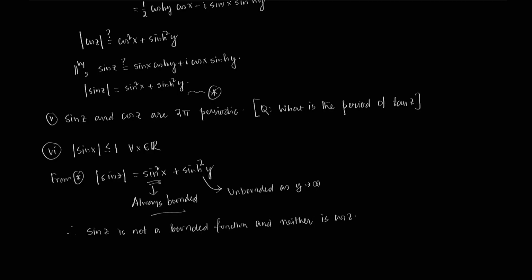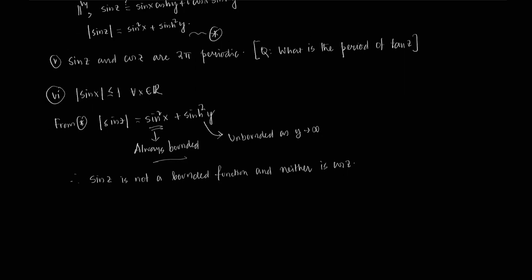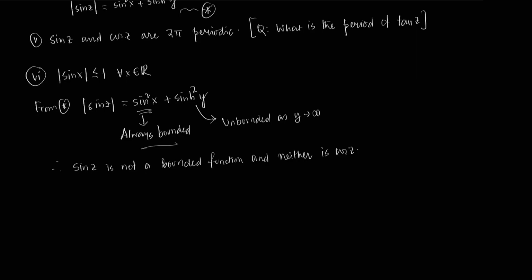This is not exactly what we have in R, where sine and cosine are always bounded. Here we have proved that sine and cosine are not bounded. Of course, it is bounded when y is 0, but that is not the point. Generally, for C to C functions, sine and cosine are entire functions, and as entire functions they are not bounded.